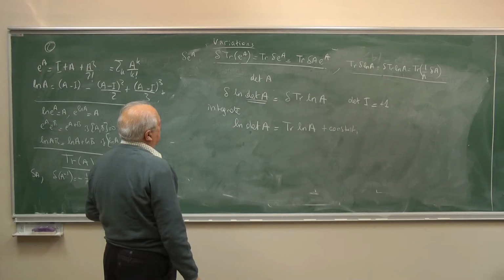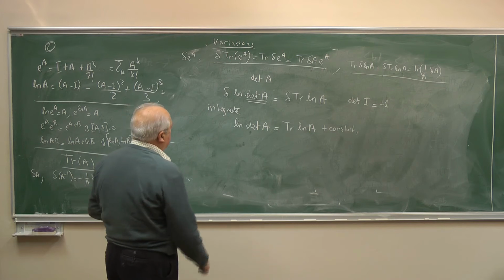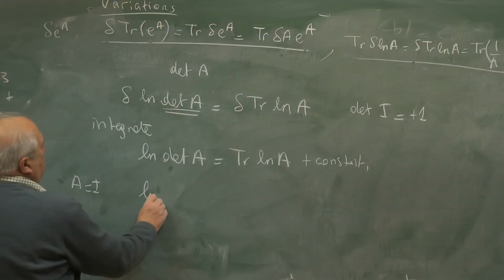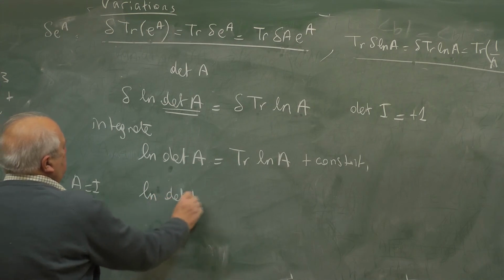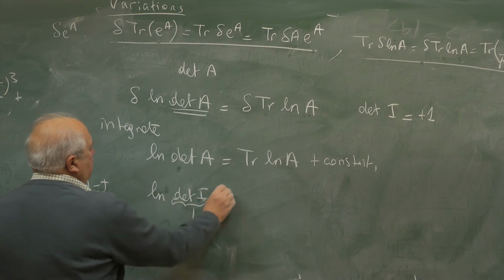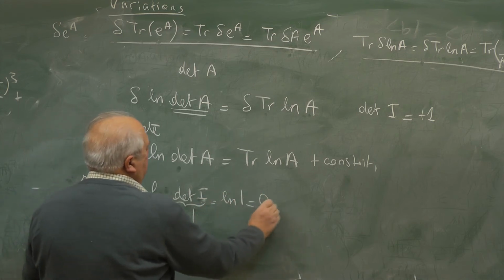So to determine that constant, let's take A to be I. So this is logarithm of determinant I, which is just 1. So it is log 1, that's 0.